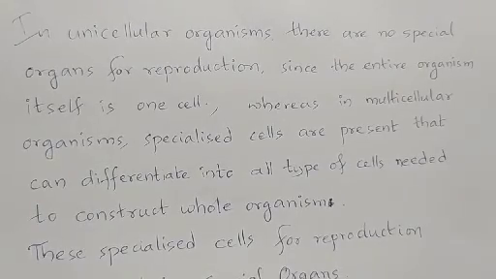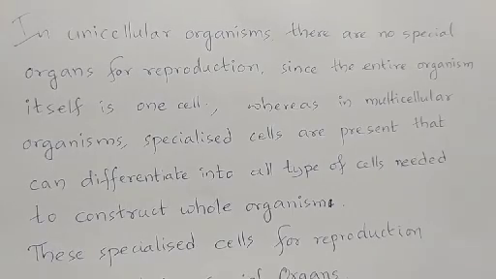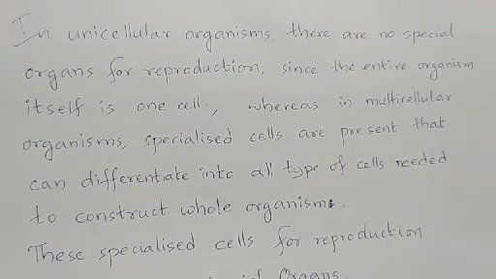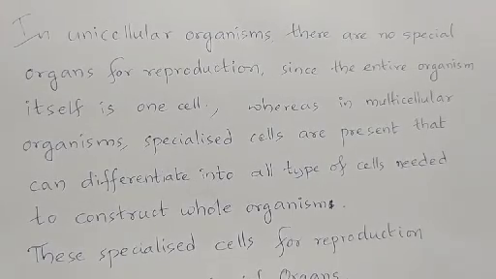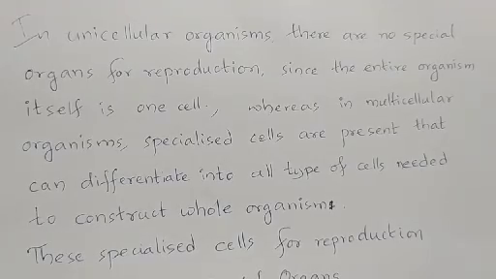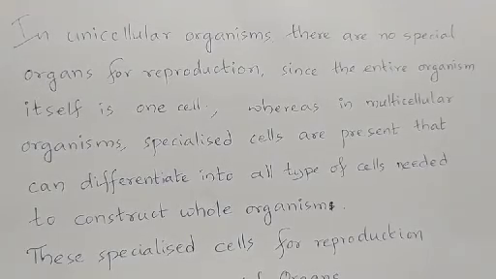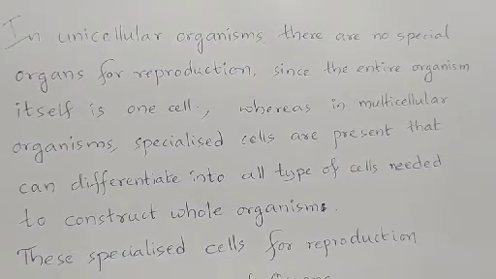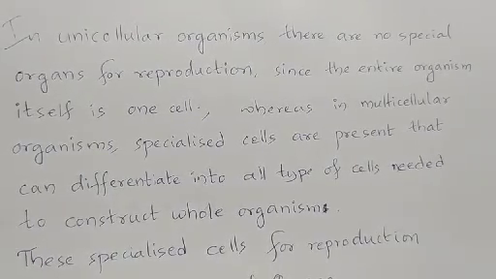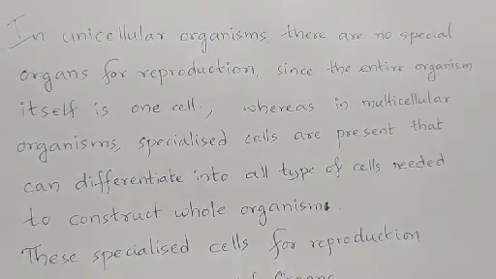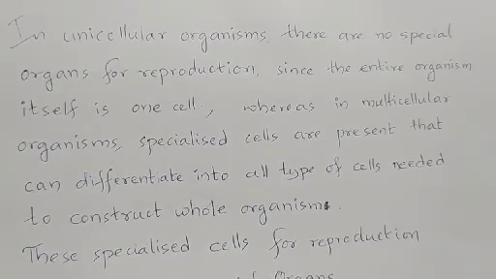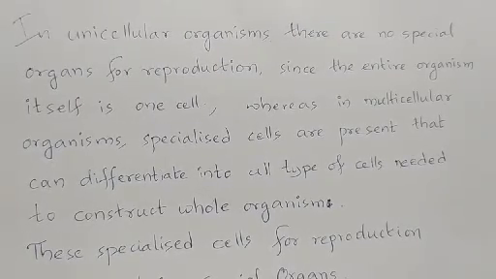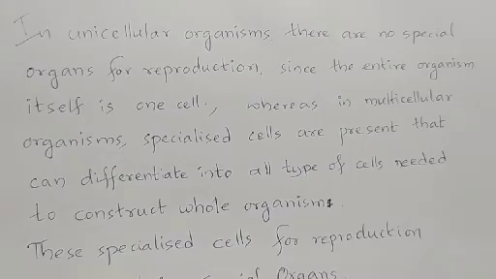In unicellular organisms, there are no special organs for reproduction. Why? Because the entire organism itself is one cell. You cannot expect organs in a single cell. Whereas in multicellular organisms, specialized cells are present that can differentiate into all types of cells which are needed for the construction of the whole organism.